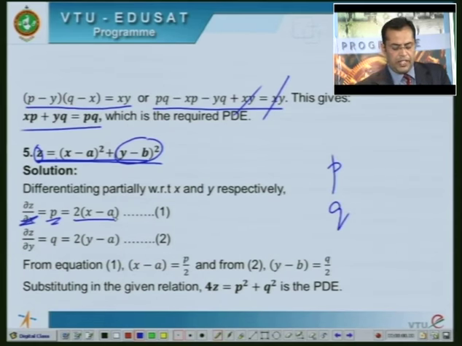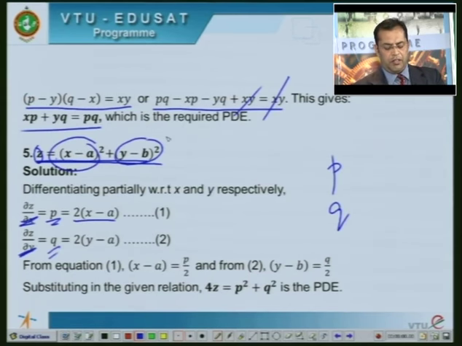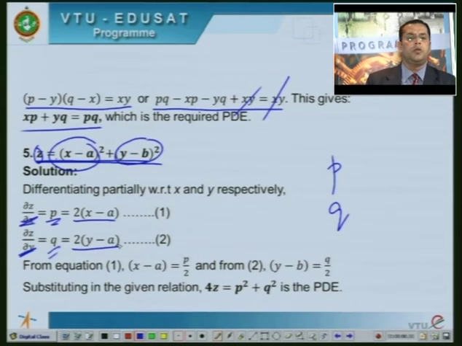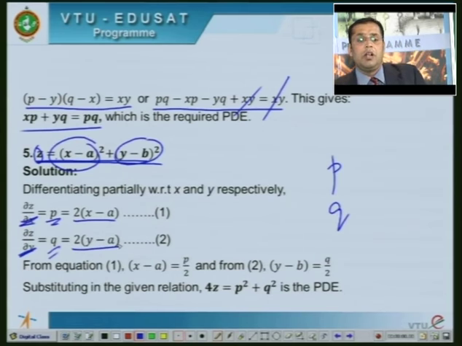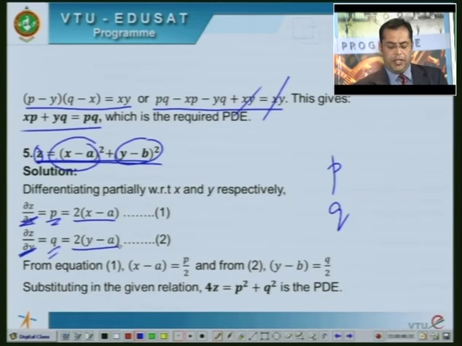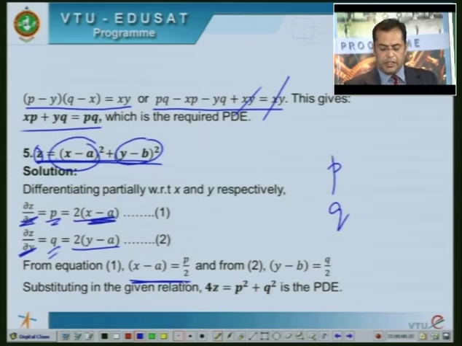Then differentiate partially with respect to y. Dou z by dou y is also equal to q. Now, x is a constant. So, this is 0. (y minus b) whole square will reduce to 2 into (y minus b). Now, how to eliminate? So, from equation 1 calculate x minus a. x minus a comes to p divided by 2, and from equation 2 y minus b comes to q divided by 2.